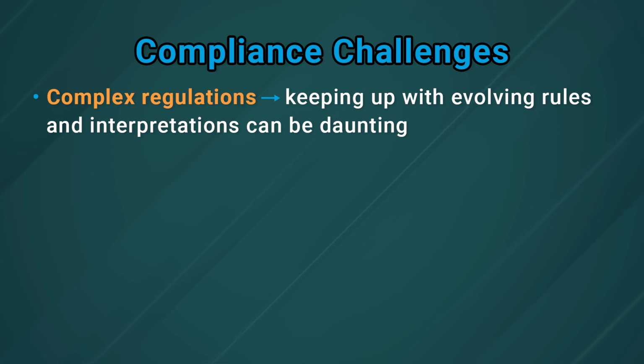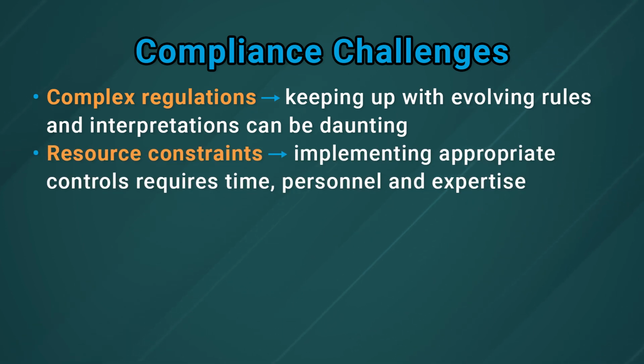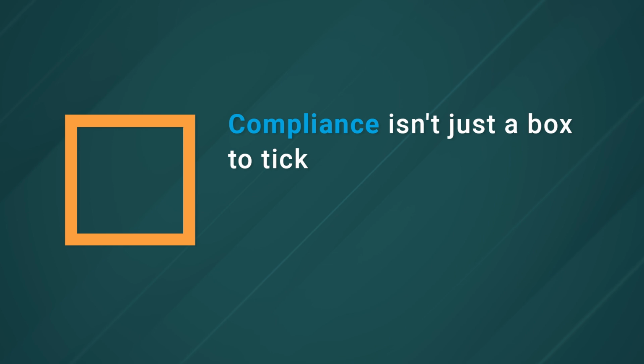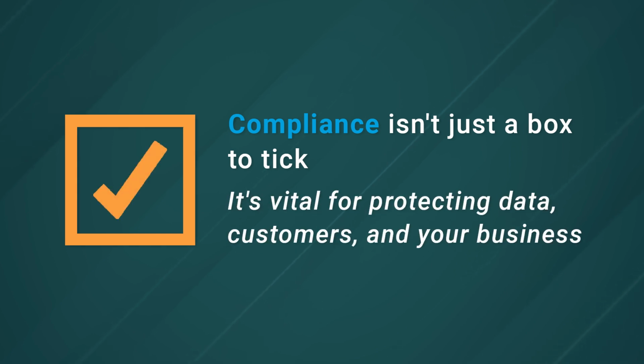So the challenges are complex regulations, resource constraints, human resource constraints, and then we have resource constraints in the form of time as well, and technological advancement, continuous updates to systems and processes need ongoing compliance assessments. And if you are not automating your compliance, it is very difficult for you to make sure that everything is in place. So compliance isn't just a box to tick, it's vital for protecting data, customers, and your business.